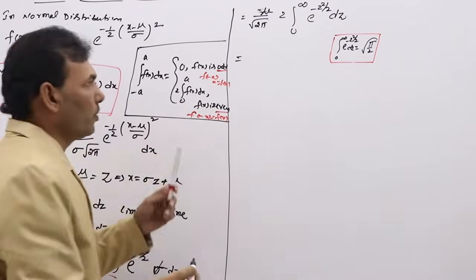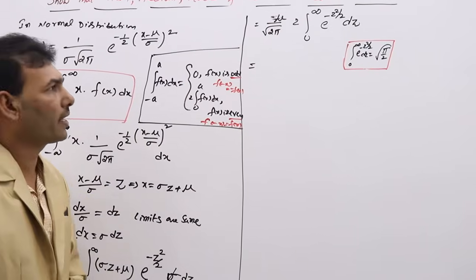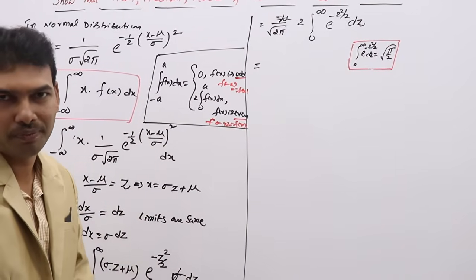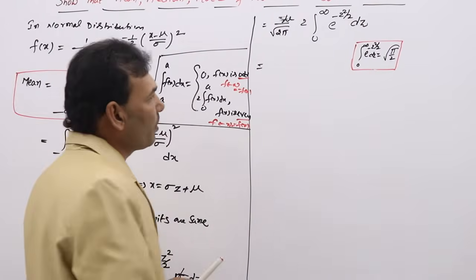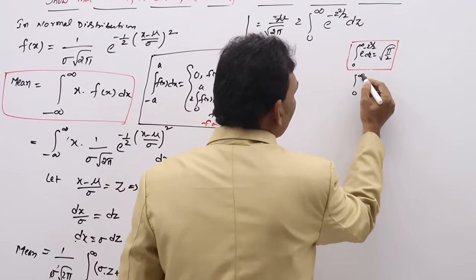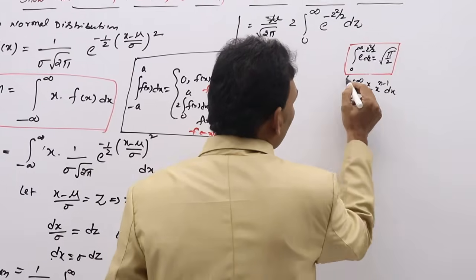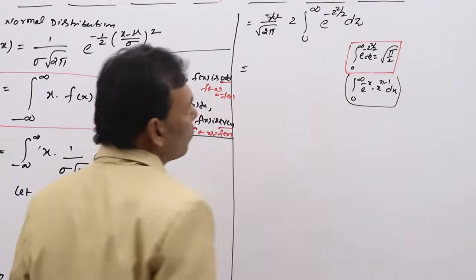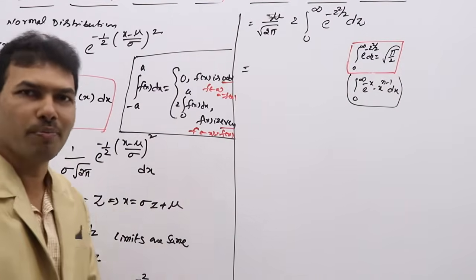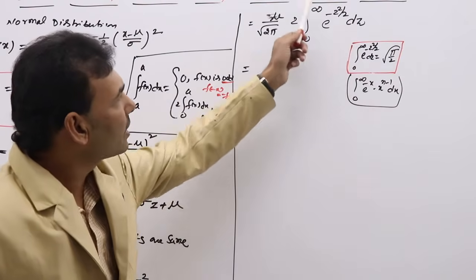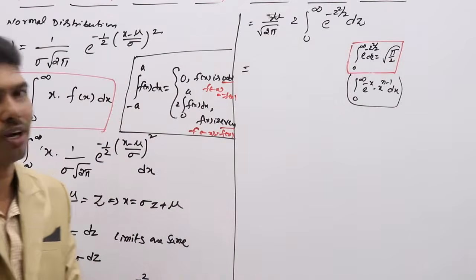We can take that value directly. That is using the gamma function. Gamma function means integral 0 to infinity e power minus x into x power n minus 1 dx. From this we can derive that very easily, but that is not our topic. So simply remember this value is root pi by 2.